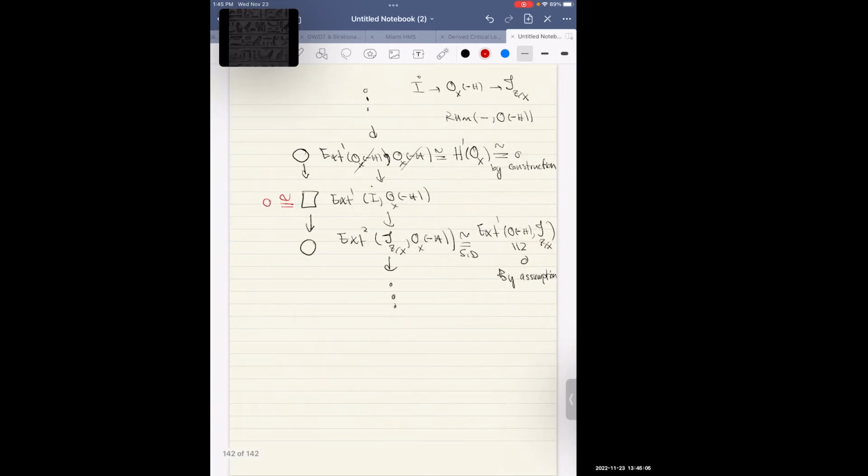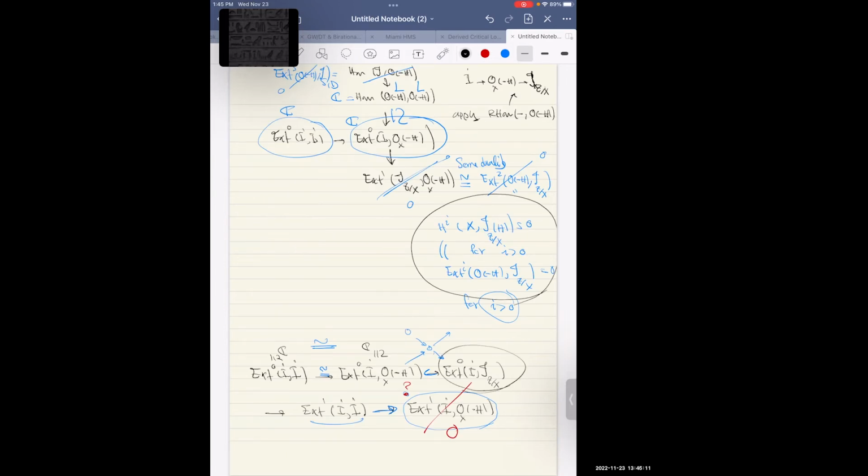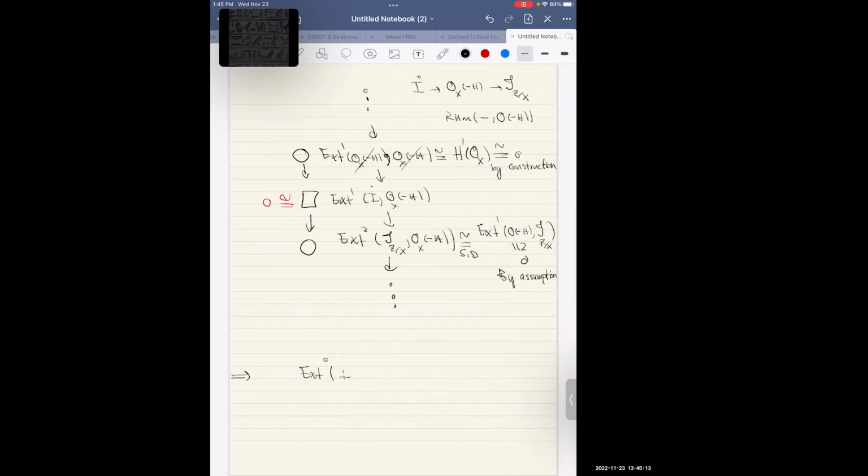So X0 I dot I Z of X is injected into X1 I dot, and that is surjected onto 0. Therefore, these two things are equal to each other.